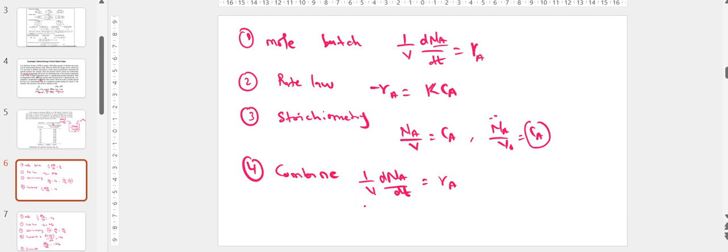So we can just put it as d(Na over V) dt equals Ra. And what does that mean? It means dCa dt equals Ra. And what's our Ra? Minus kCa. So we can do further analysis there.